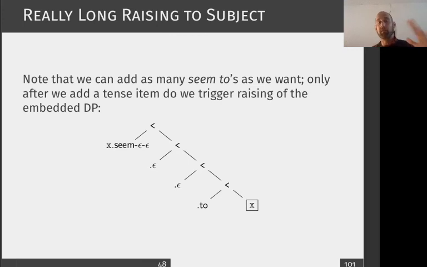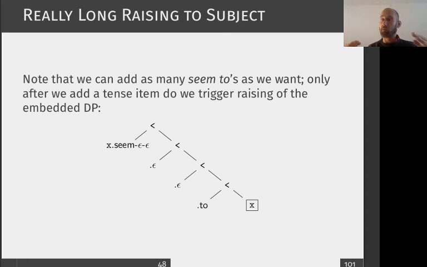This represents the structure that we build when we take an X expression, add a to, merge that with seem, and turn our V into a Y and our Y into an X with these empty category-changing lexical items.